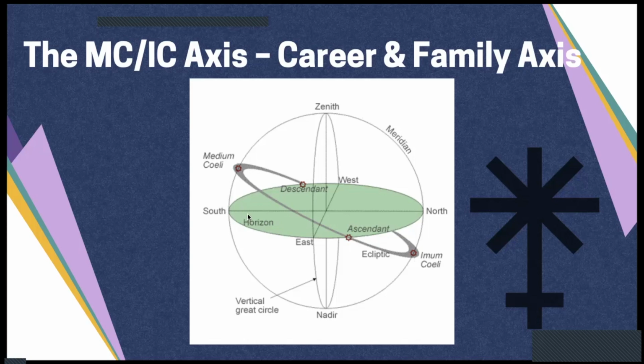Right when you are right above the horizon of change, right when you are about to change your public image, the MC teacher is here. Right when you are at the bottom swing, about to pull yourself back up, you need a little bit of shadow work. You're at the tune-up shop. You need a little bit of tune-up work in order for you to be back in alignment. That's when that Imum Coeli teacher appears.